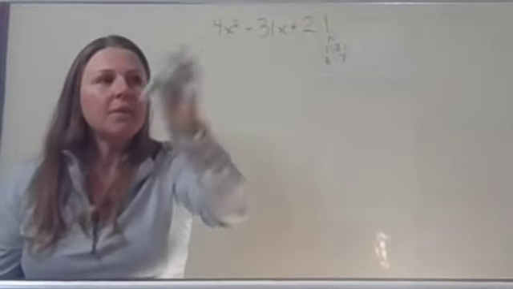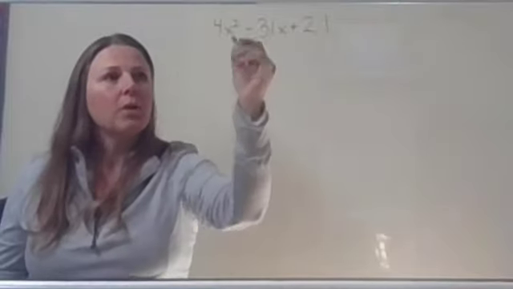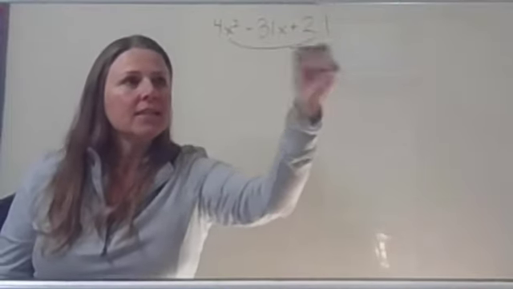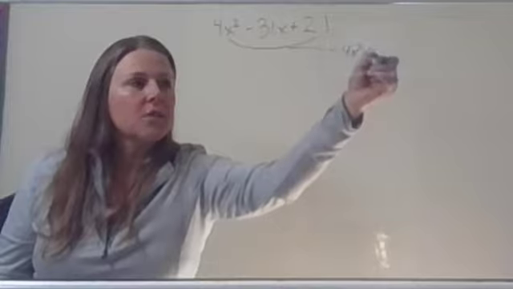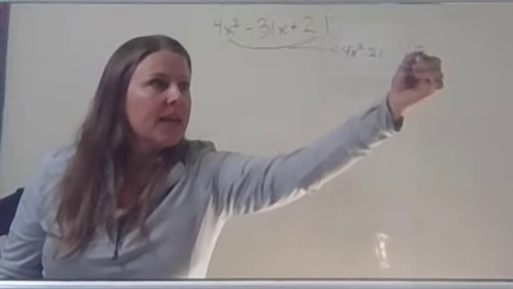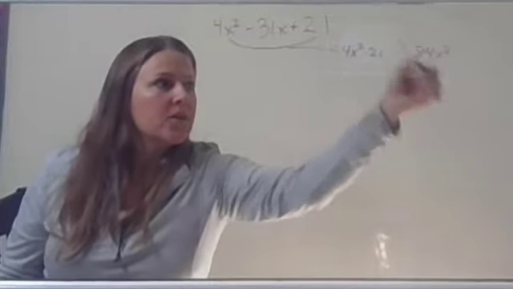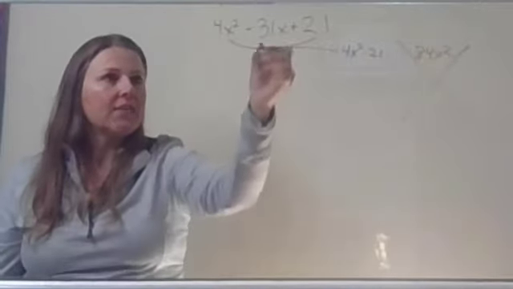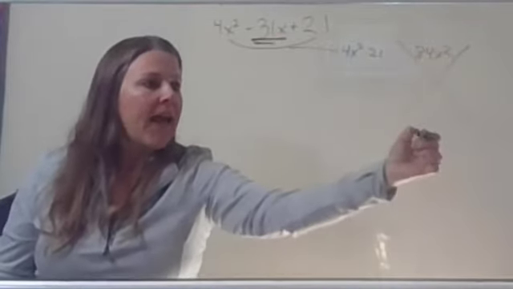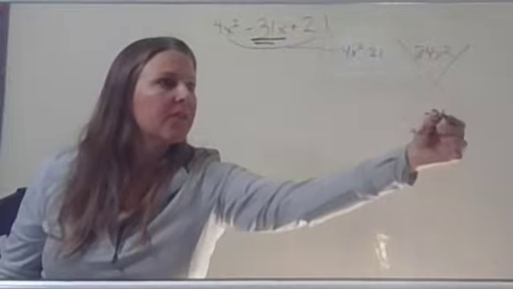Instead of doing that, I'm going to keep doing that long method where I multiply the first and the last. So 4x squared times 21 is 84x squared. So what two numbers multiply to give 84x squared that add to give negative 31x?